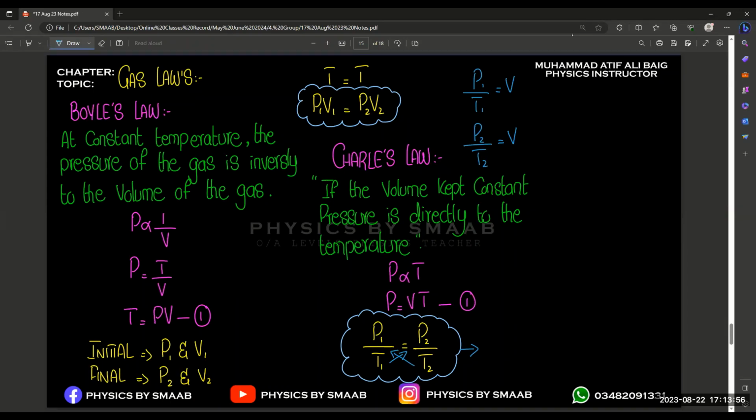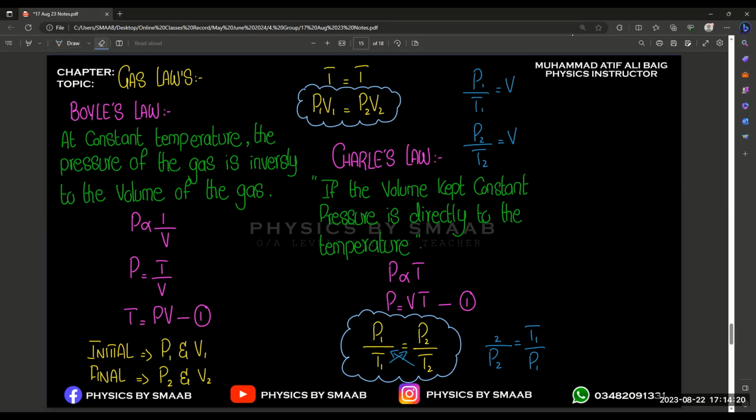Because this is a mathematical equation and both sides are equal, you can shuffle it in any form that you want.